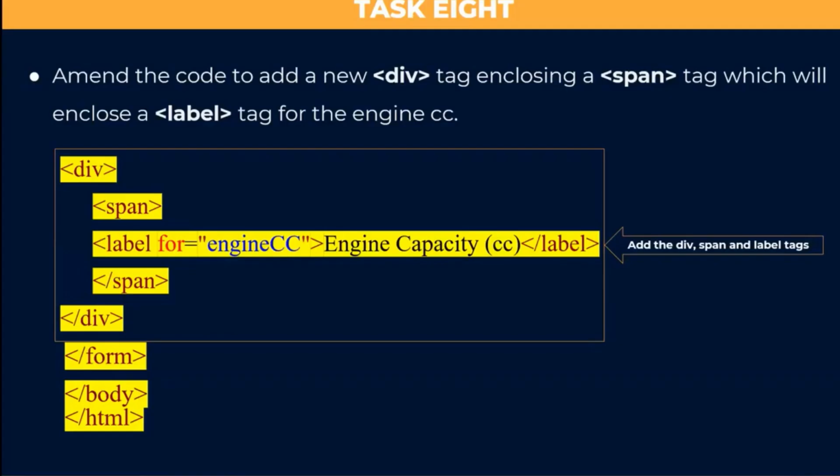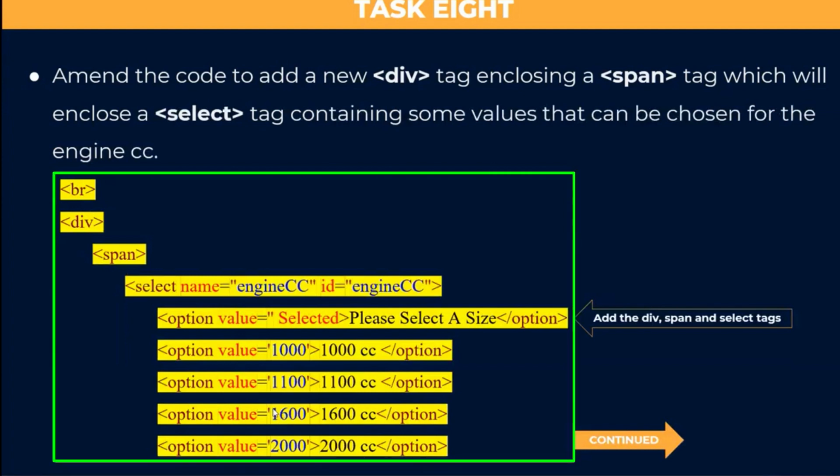So now we have the label. The next thing we want then is the control. And the control in this case is quite large, so it'll be split here in a couple of sections. So we'll have a BR, we have a div, we have a span, and then we have our select. And the select has a number of options depending on what options we would like to give to the user.